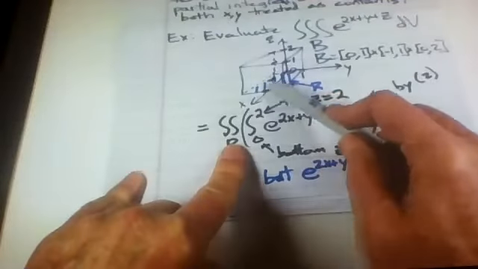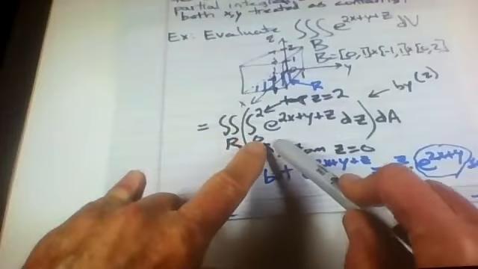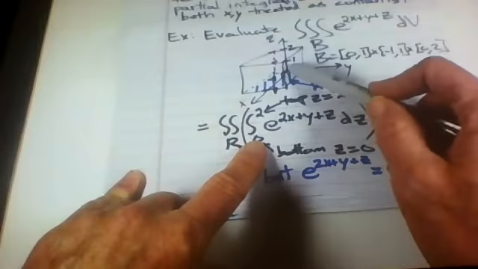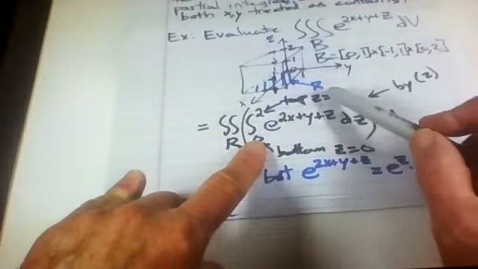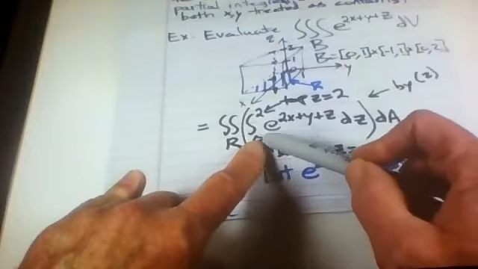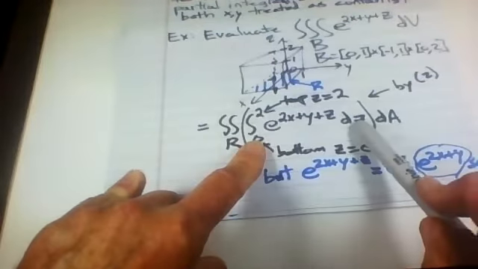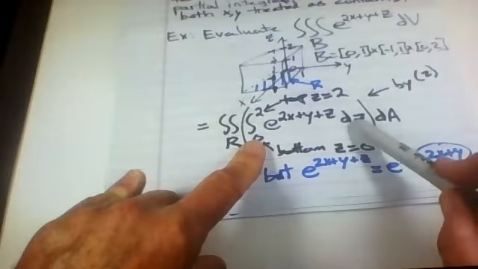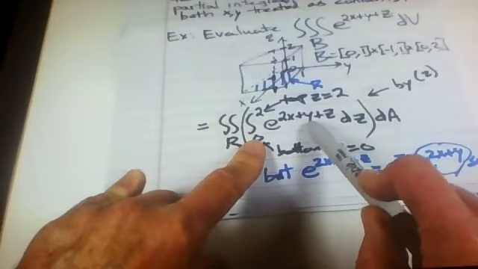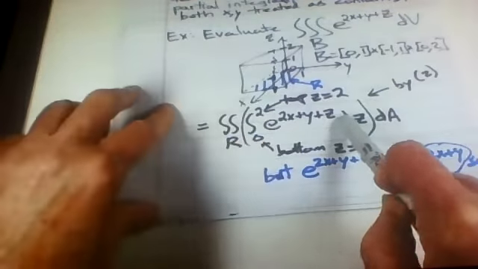You evaluate that by the theorem by taking the double integral over the region of projection, that rectangle, of the integral from 0 to 2. That's what z runs between. The bottom surface is z equals 0, and the top surface is z equals 2, so you go from 0 to 2. Integrand dz dA. So the inside integral goes first, treating x and y both as constants, integrating with respect to z, a partial integration.